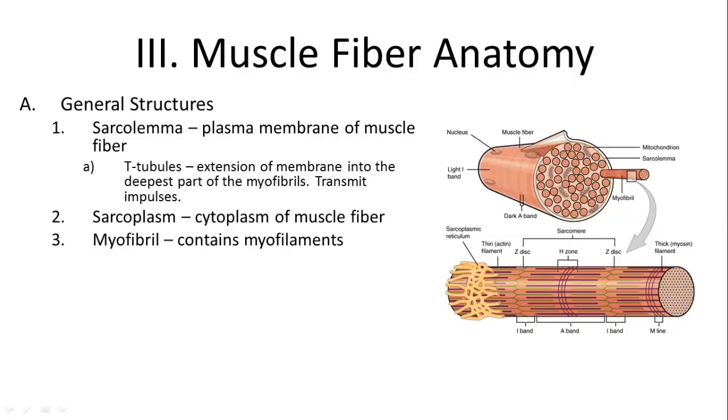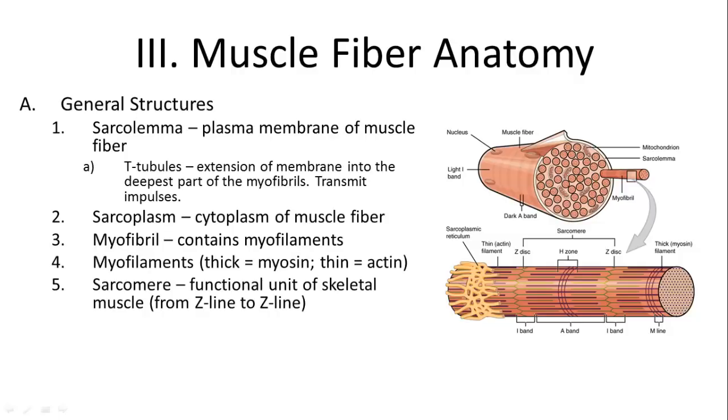The myofilaments, we just talked about, the thick and thin, actin and myosin. The sarcomere is the functional unit of the muscle. So one sarcomere is where the actin forms this connection called the Z-disc to the next Z-disc, and there is a length of myosin within there.